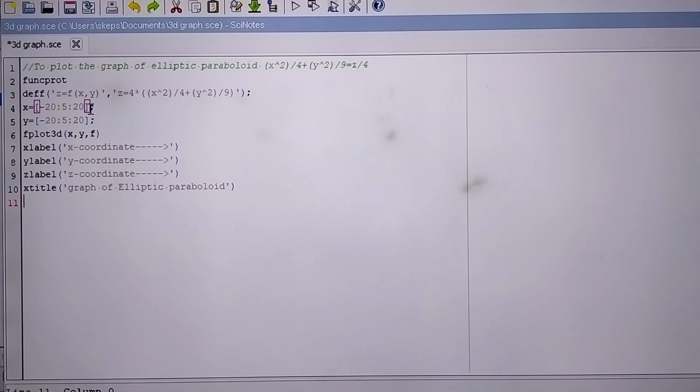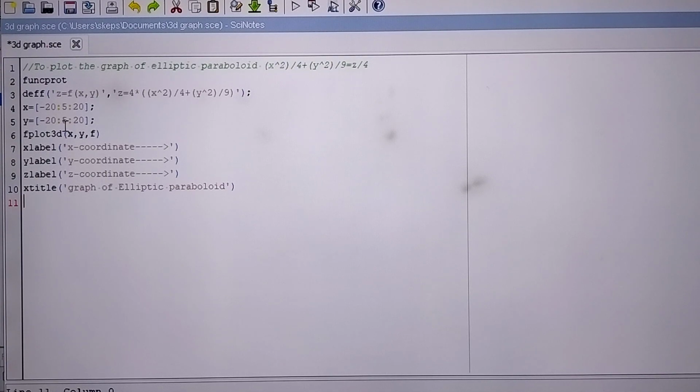Since you are going to plot the graph, first of all you should give the range of the independent variables. Here the two independent variables are x and y. Both are written within square brackets, and the lower and upper limits are written from minus 20 to plus 20, with common difference 5.